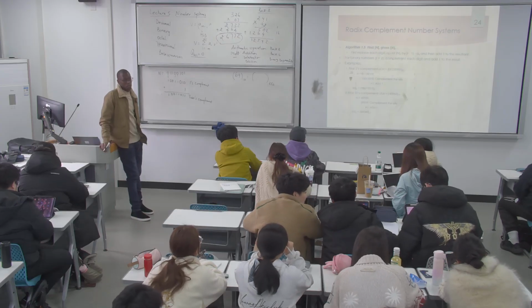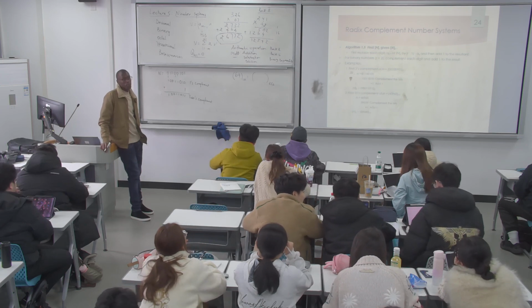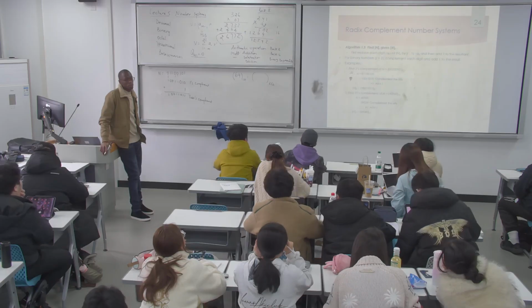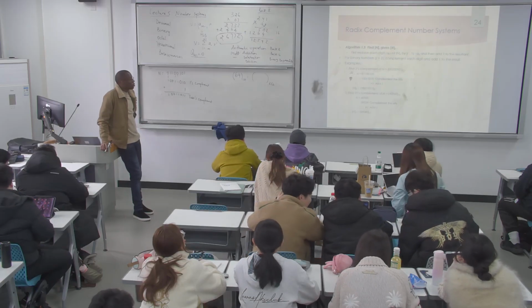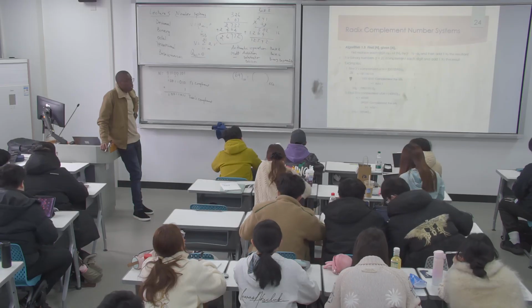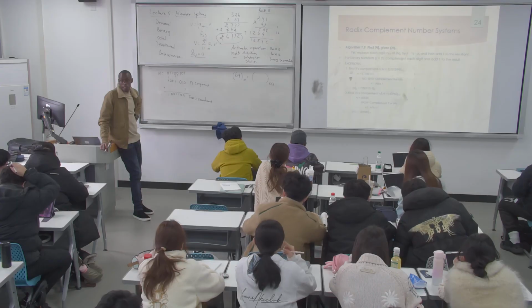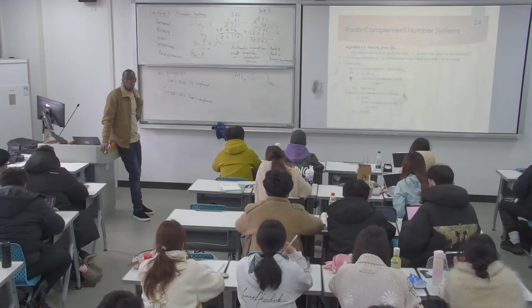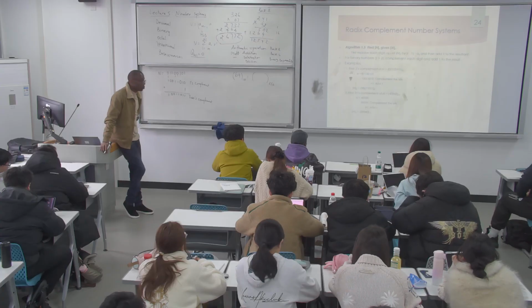Use 8 bits, okay? Use 8-bit representation. Then find 64's representation 2's complement. So the first thing you need to do, you need to convert the decimal to binary. Then find the 1's complement. After finding the 1's complement, add 1 to the least significant bit to find 2's complement. Do it fast.